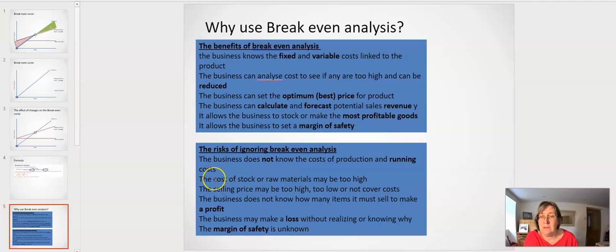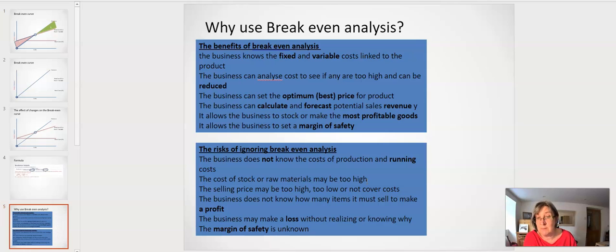It may be that they don't get a chance to actually look at the costs of raw materials, i.e. the variable costs going in. So they may just buy t-shirts for printing, but if they don't look at the break-even chart, they might not realise that they could think about reducing those.